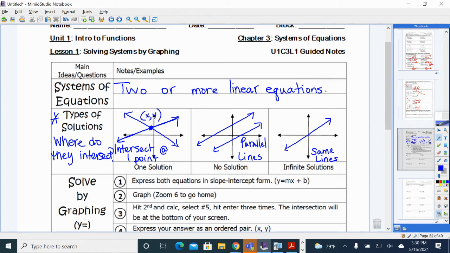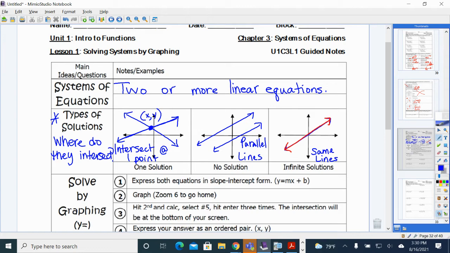The reason why the next situation is no solution is because if I'm looking for where they hit each other or where they intersect and they're parallel, they don't hit each other at all, that creates no solution. And then when you have two lines that graph into the same exact line, then that means they intersect everywhere, creating an infinite number of solutions.